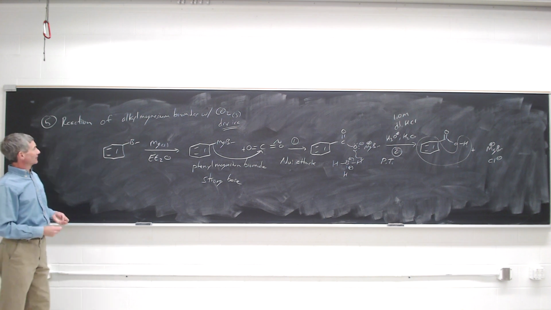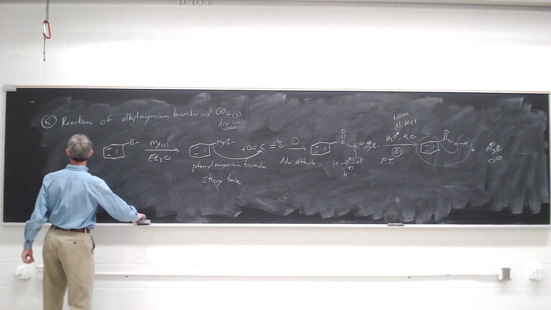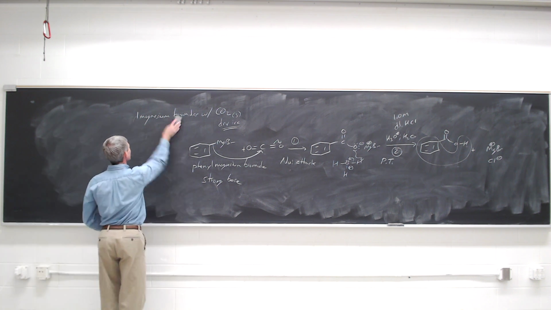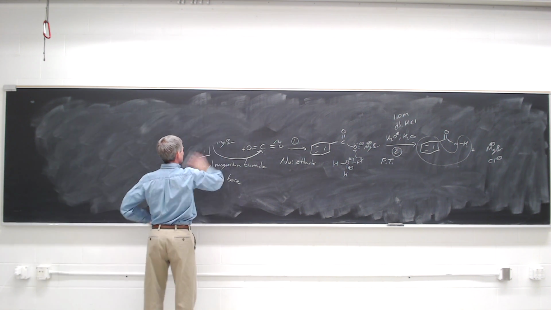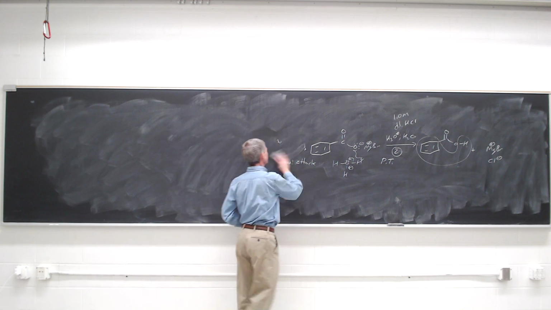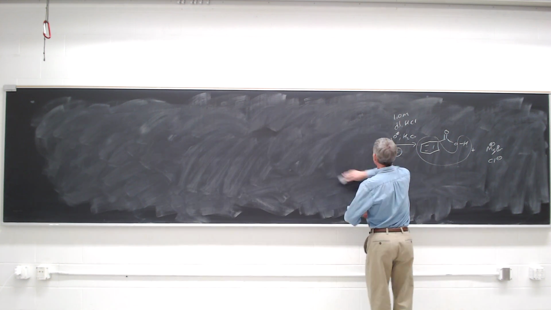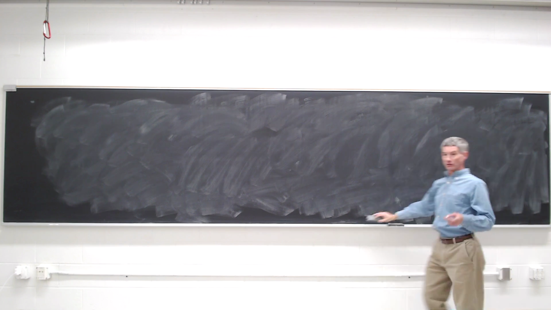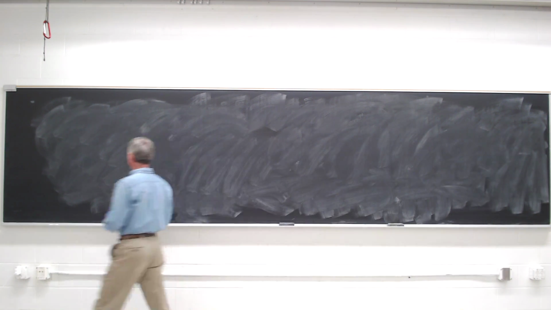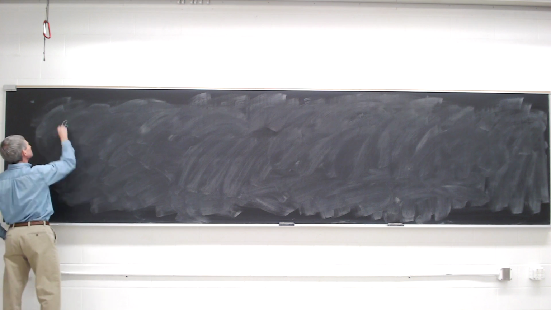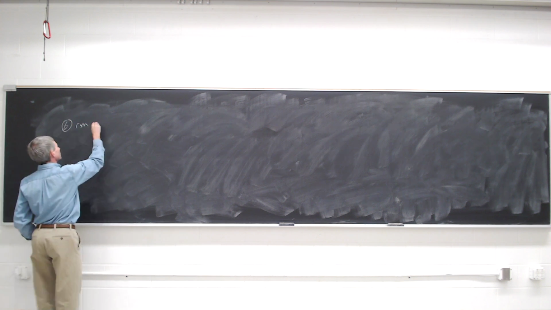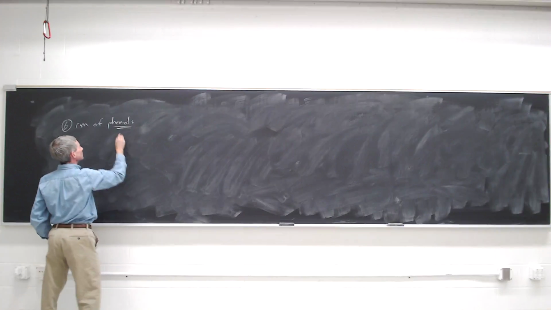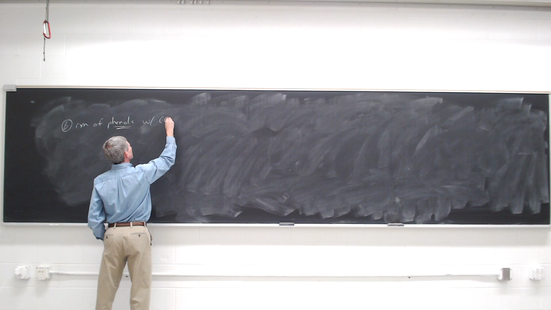And I think there's one more reaction I do want to talk about for synthesis of carboxylic acids. And that's a special case of the reaction just presented: the reaction of phenols and CO2.